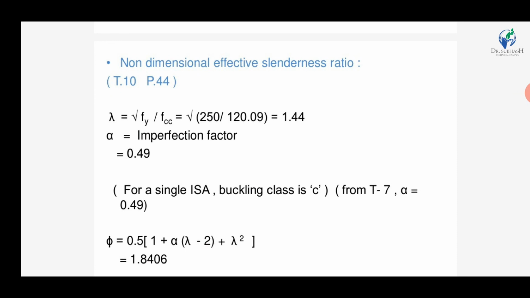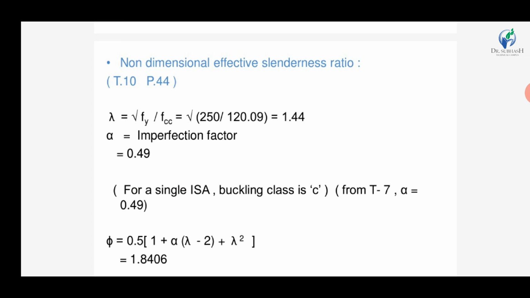Now we find alpha, the imperfection factor. Before that, we need the buckling class of our section. For a single ISA, the buckling class is C, which we find from table number 7. For buckling class C, the imperfection factor alpha is 0.49.